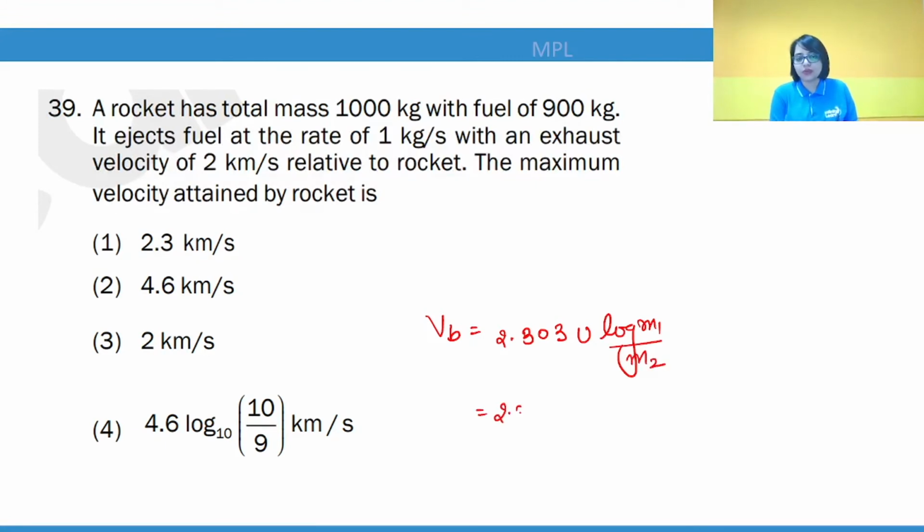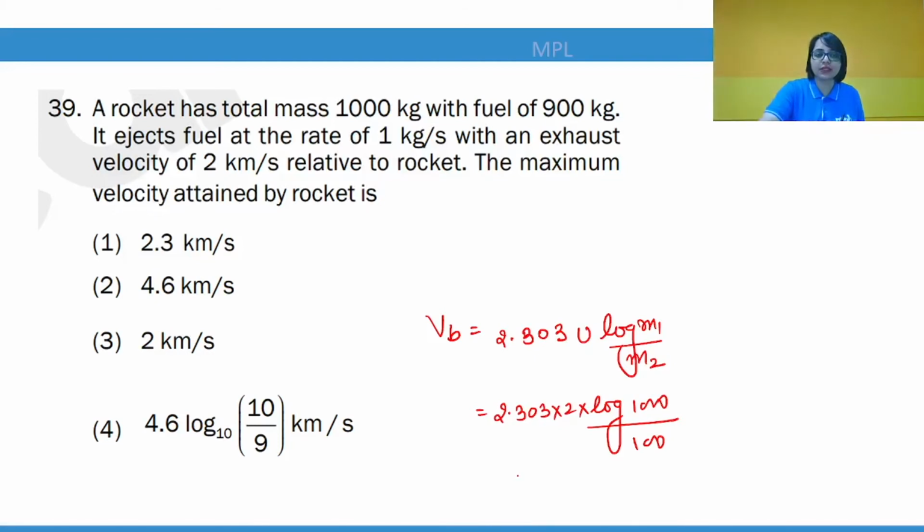So it will be 2.303 into 2 into log m1 is 1000 divided by m2 is 1000 minus 900, that is 100. So after solving this equation, you'll get your answer as 4.6 kilometer per second.